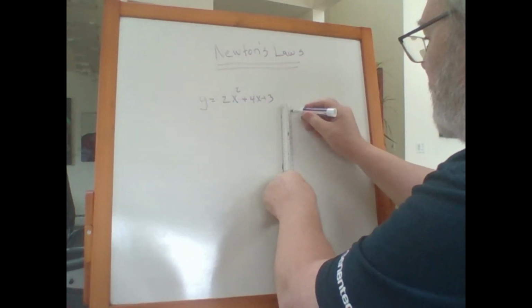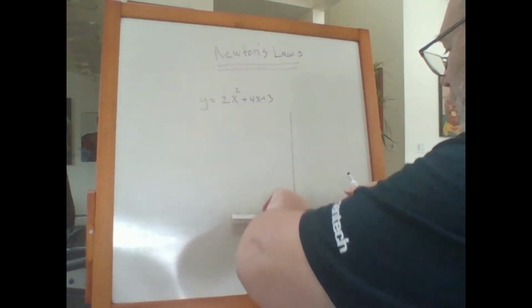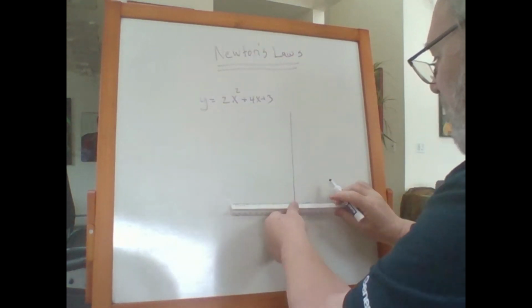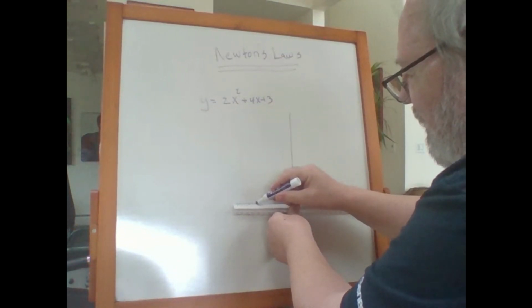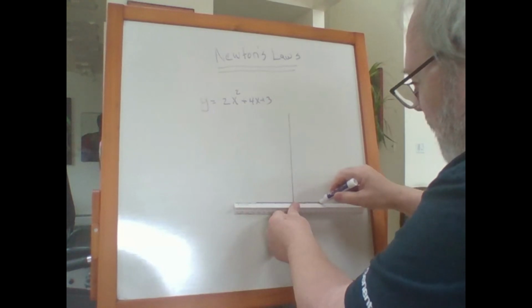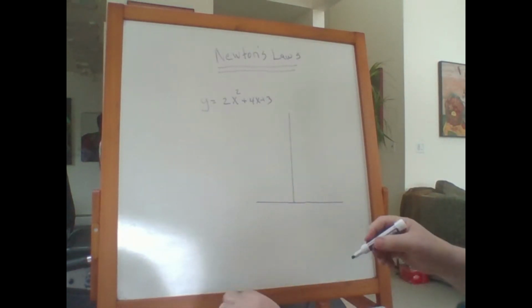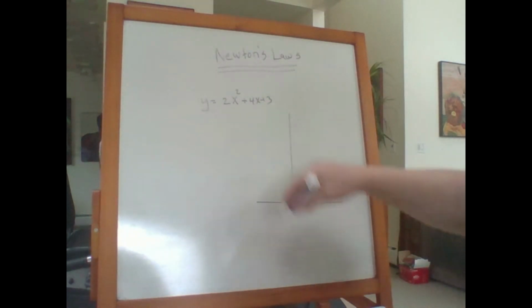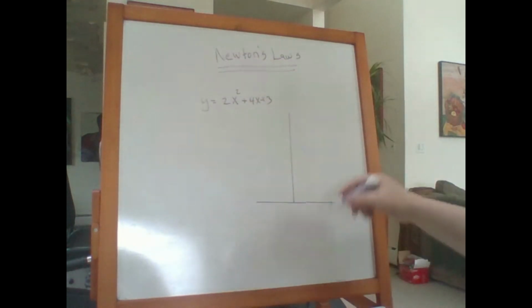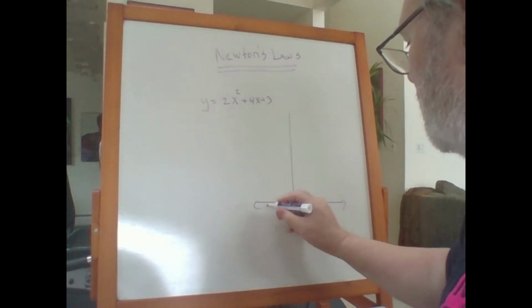We can see, for one thing, everything is positive, so it will never cross the x-axis into the negative realm. We know that because x squared is going to dominate. So it's going to go up steeply on the left side and on the right side, or negative side and positive side.